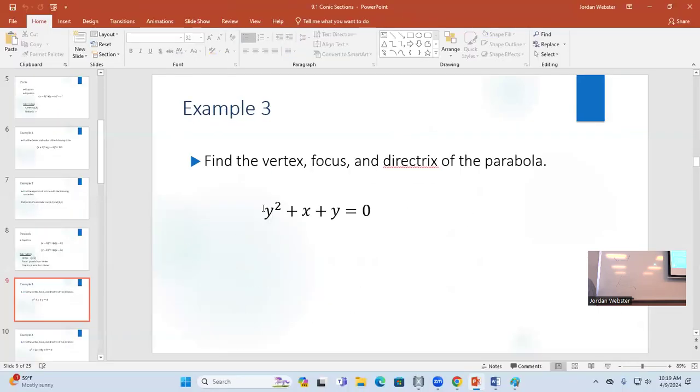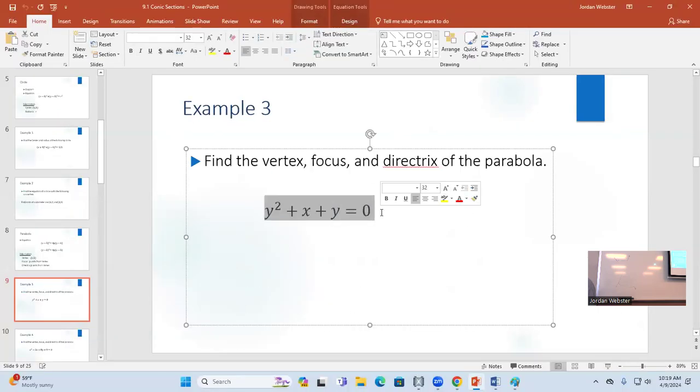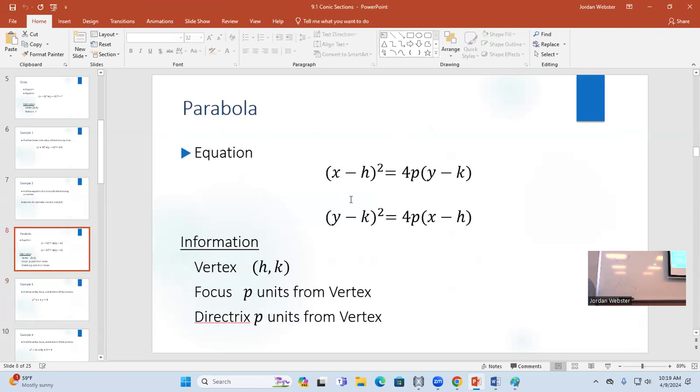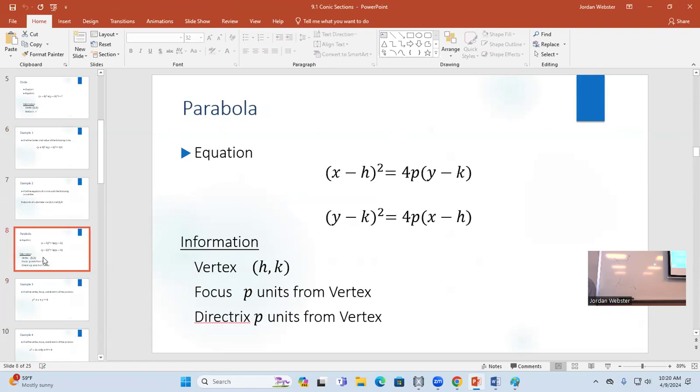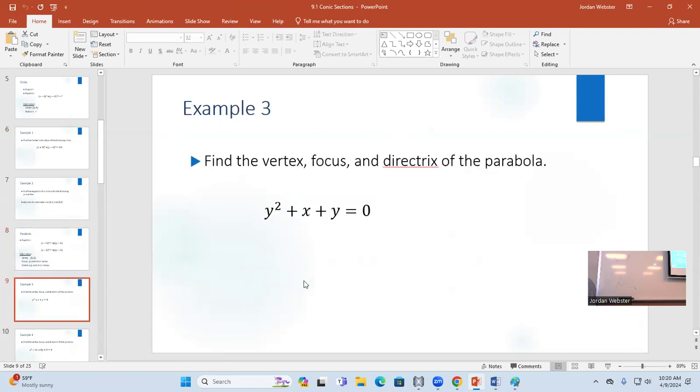Now, obviously, this parabola is not in the standard form. Previously, when we had a circle, it was already in the standard form of a circle. Now we have a parabola, but it's not in the standard form.